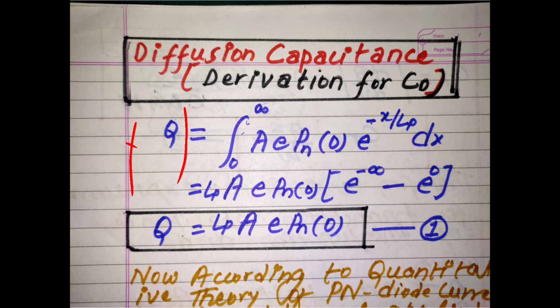If you integrate this equation in the limit 0 to infinity, you get equation number 1, which is Q equals Lp into A into Pn of 0.